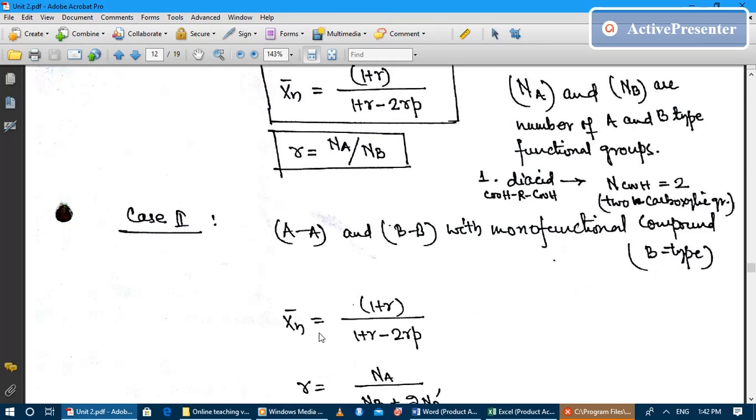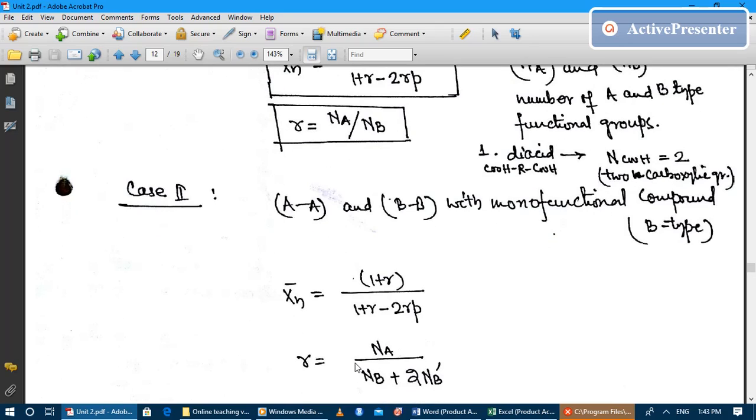So in this case also my formula for Xn bar is the same, (1 + R) over (1 + R - 2Rp), where R is equal to Na over (Nb + 2Nb').